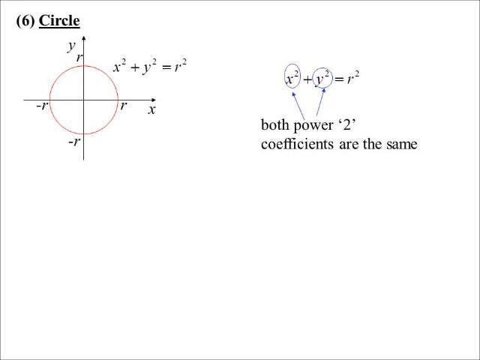That would be an ellipse. And if it was x squared minus y squared, that also is not a circle. That actually turns out to be a hyperbola, but it's a hyperbola which has been rotated 45 degrees. We won't see too many of those. Extension 2, we look at those. But anyway.